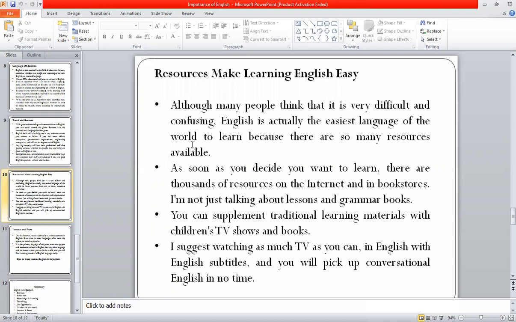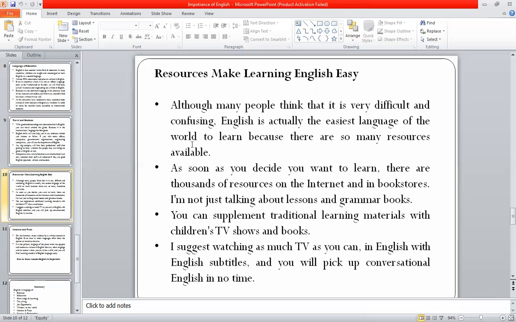So that's why there is the importance of this language, and for learning this language, resources are the most important part. You will get them online also. You can find them on Google, many resources are there regarding this language, or you can follow YouTube videos.